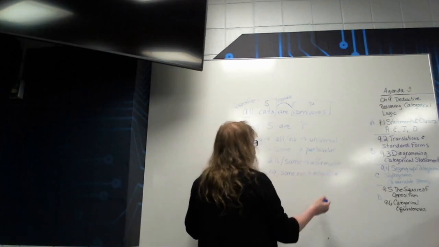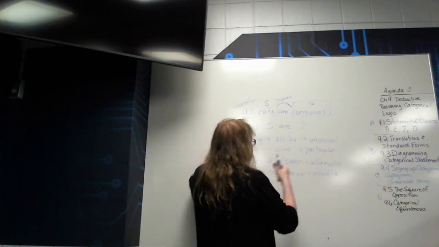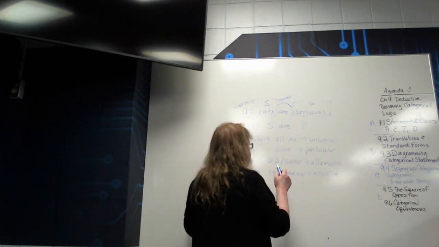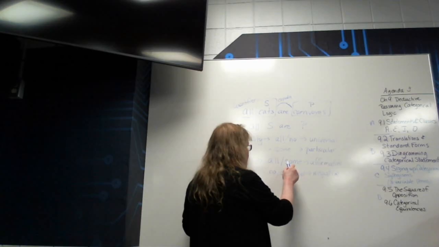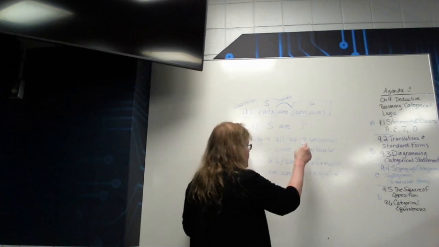So we have a universal affirmative, all cats are carnivores. A universal negative, no cats are carnivores. And then some cats are carnivores, affirmative, particular. And then some cats are not carnivores, particular, negative.